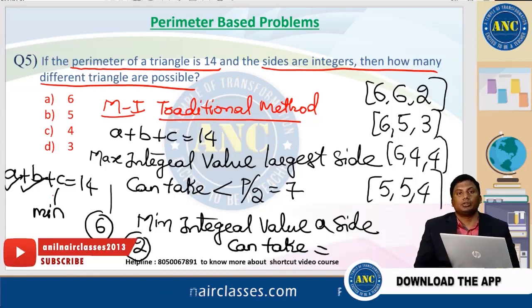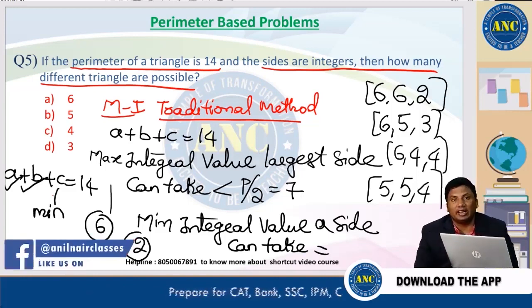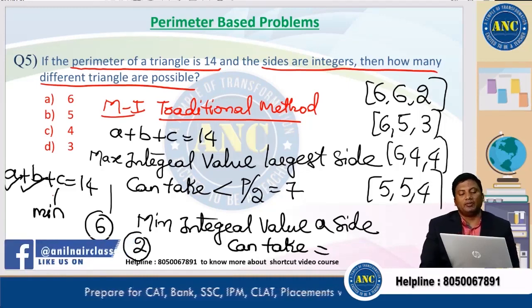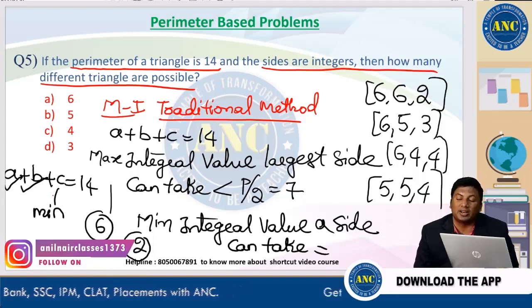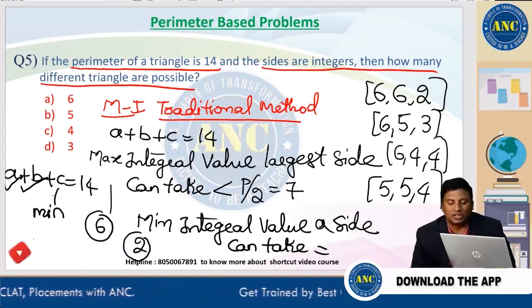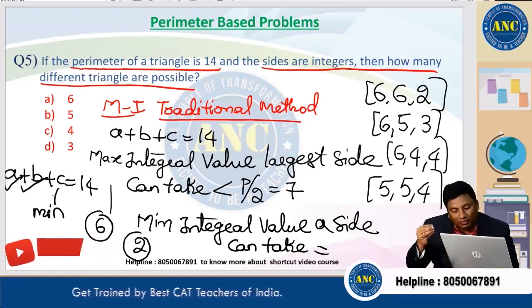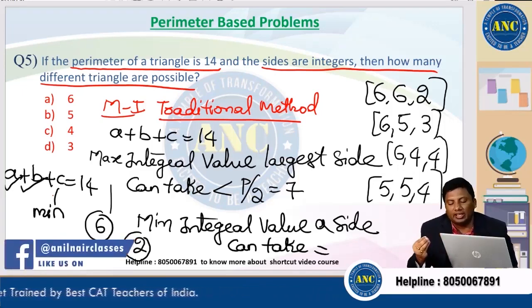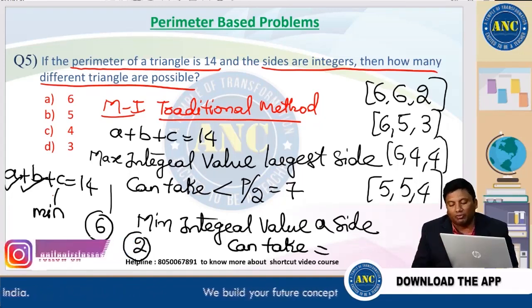Am I right? The minimum integral value a side can take is 2 and the maximum integral value a side can take is 6. So I took the first value 6 plus 6 plus 2. The value of 6 can go down, right, and the value of 2 can increase. 6 plus 2 is 8, so I did 5 plus 3. 5 plus 5 can still go down, 4 plus 4.